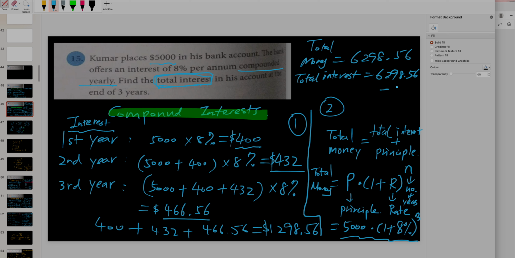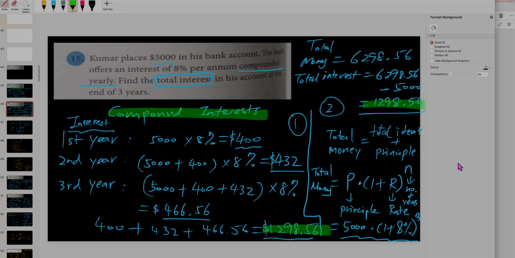The money you put in is 5,000. Correct. And what's the answer? $1298.56. Can you see this answer and this answer, they are the same?